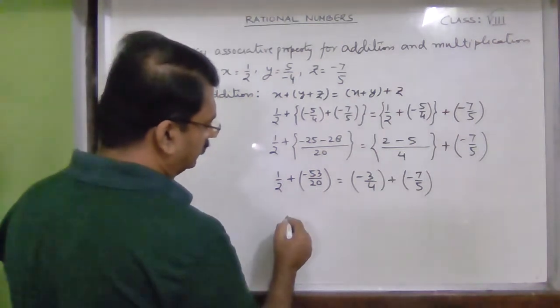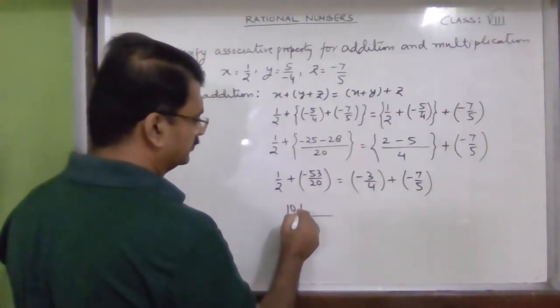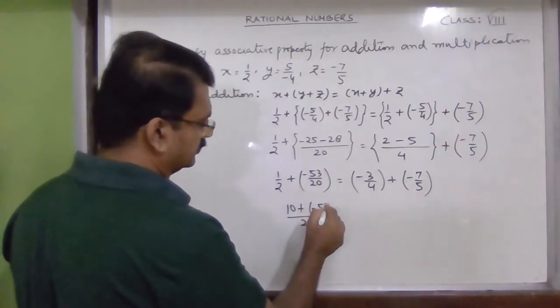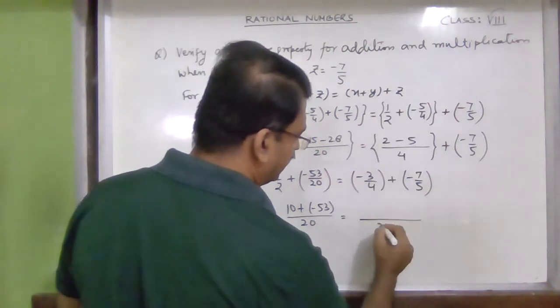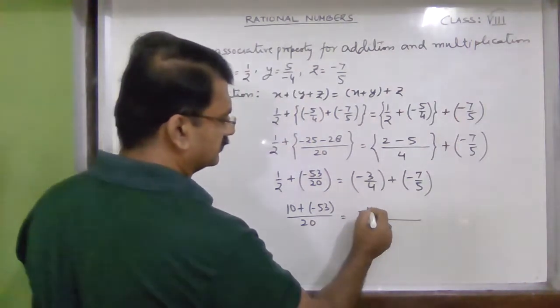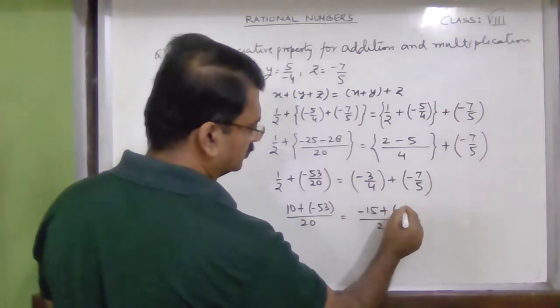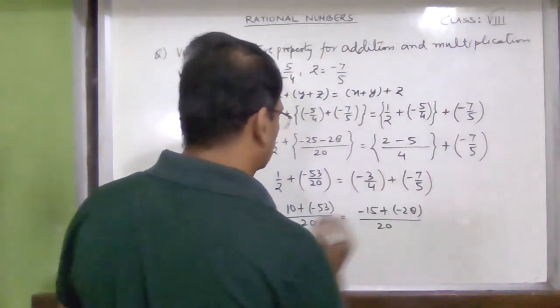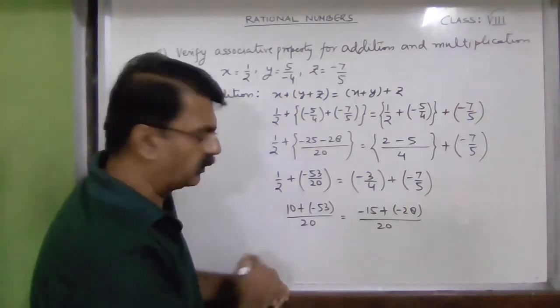Now 20 and 4, again 20 can be taken as LCM. Now 10 and minus 53 will be minus 43.